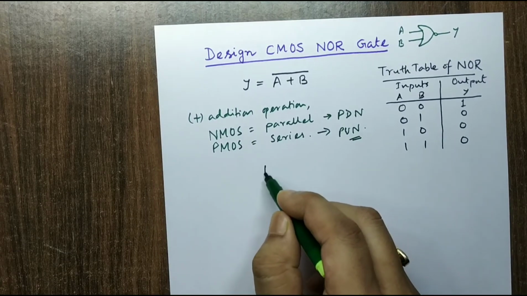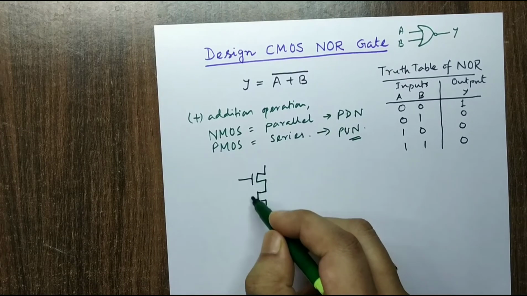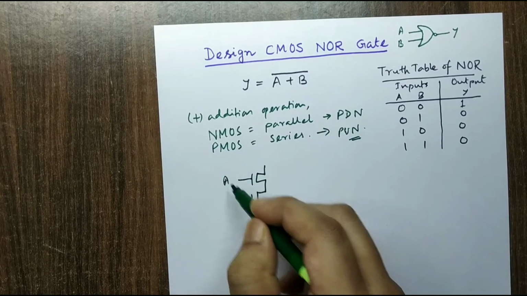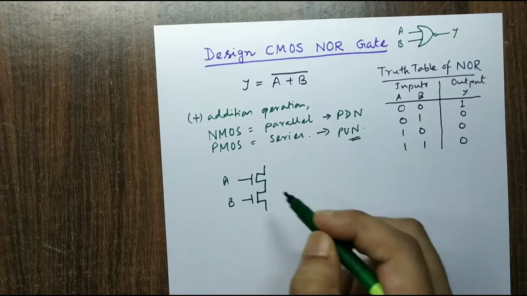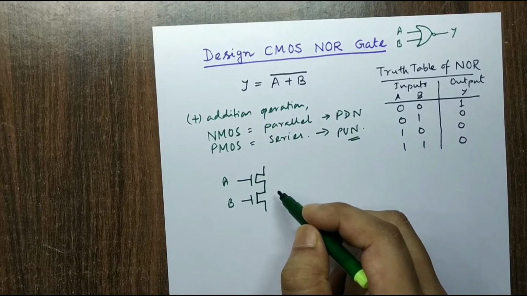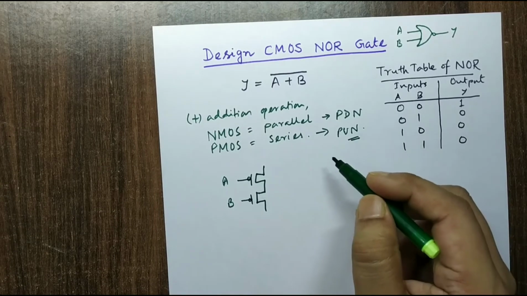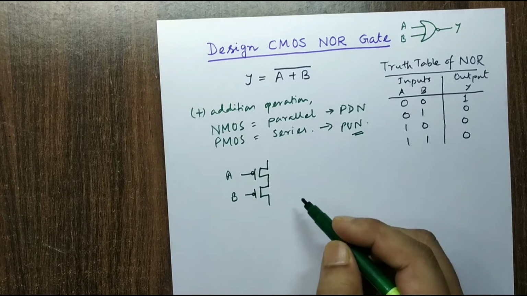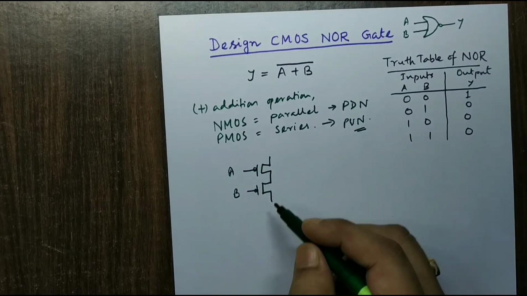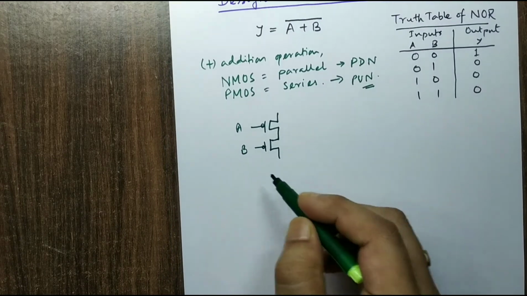So let us draw 1 and 2. This is A, this is B. I have connected these 2 PMOSes in the pull up network, in series. So my pull up network is completed. Now let us draw the NMOS.